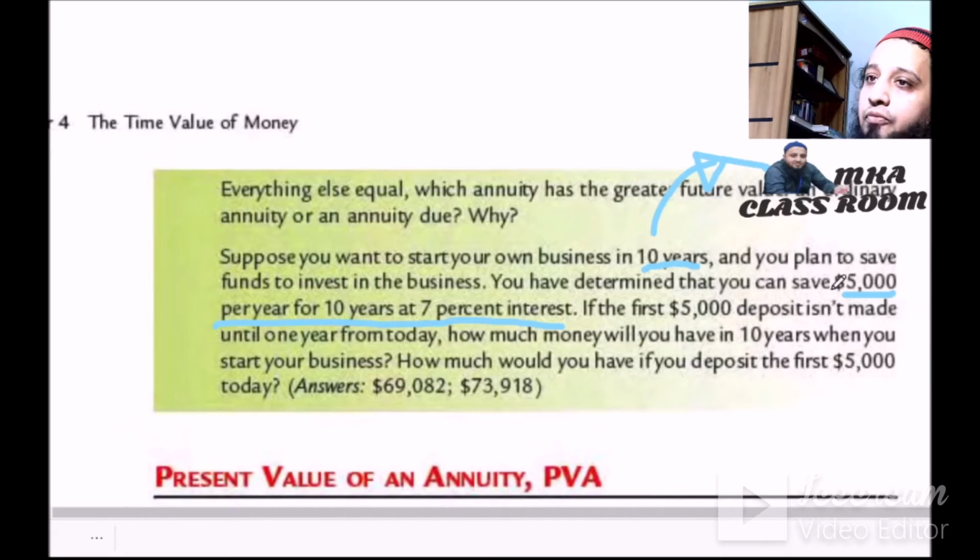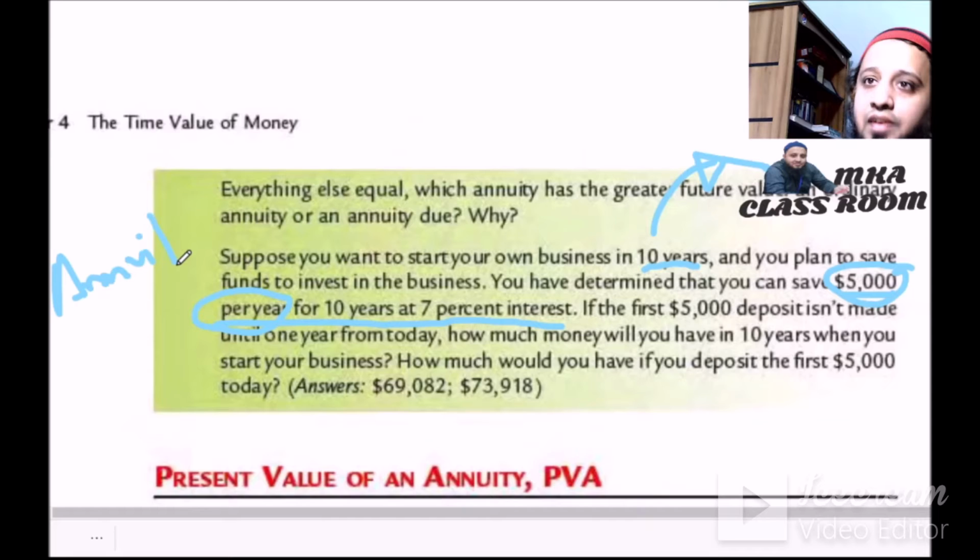You plan to save funds today. You determine that you can save 5,000 per year, so this is an annuity.